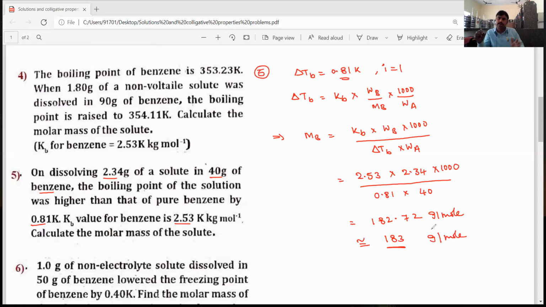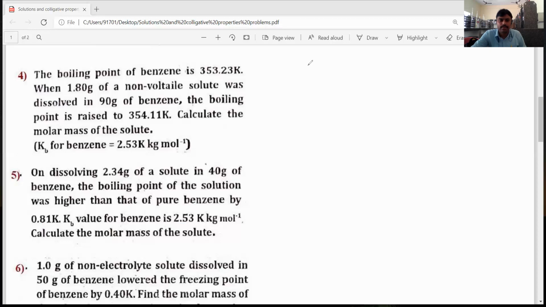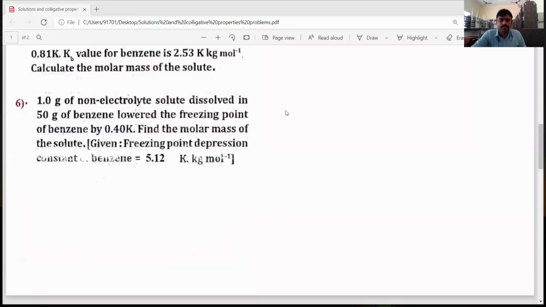Students, this is about conceptual questions on elevation of boiling point for the board examination. Let's go to the sixth question, dear students. The sixth question is: 1 gram of non-volatile and non-electrolyte solute.